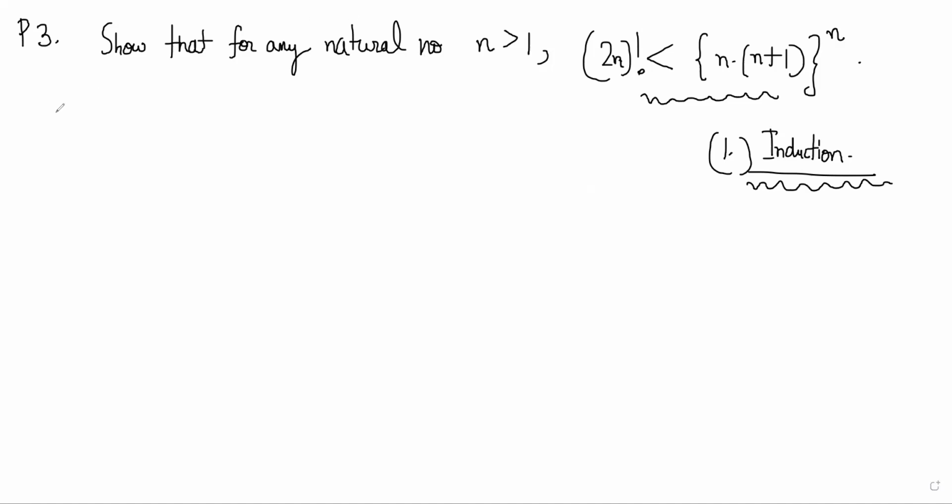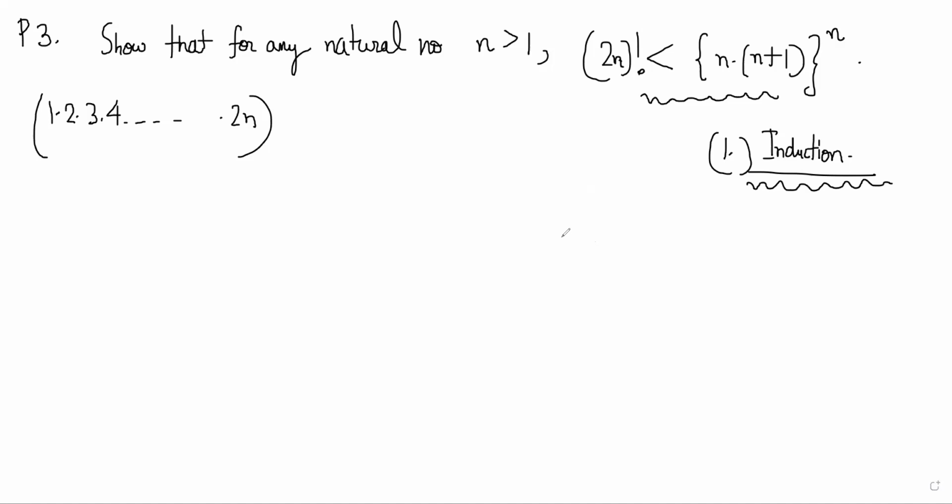2n factorial is a product of many numbers, right? Till 2n. So I consider this sequence, the arithmetic mean of this sequence and the geometric mean.